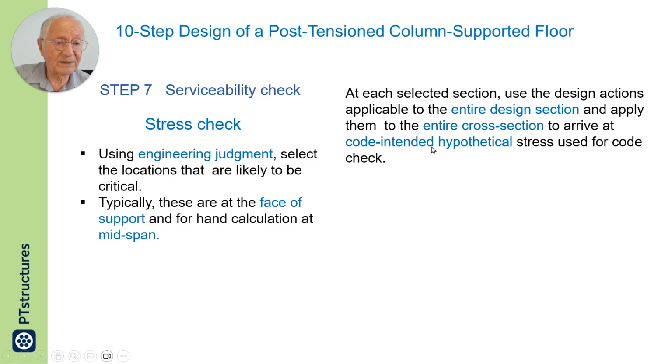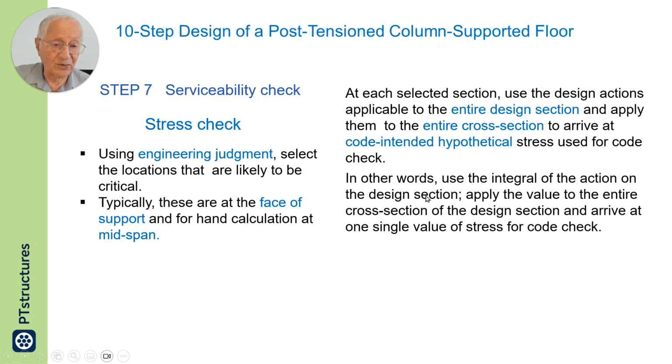For code compliance, we take the entire action calculated and we apply it to the entire cross-sectional area of the design strip, and we obtain one value, one stress, one precompression, and then we compare that one value with the permissible value of the code.